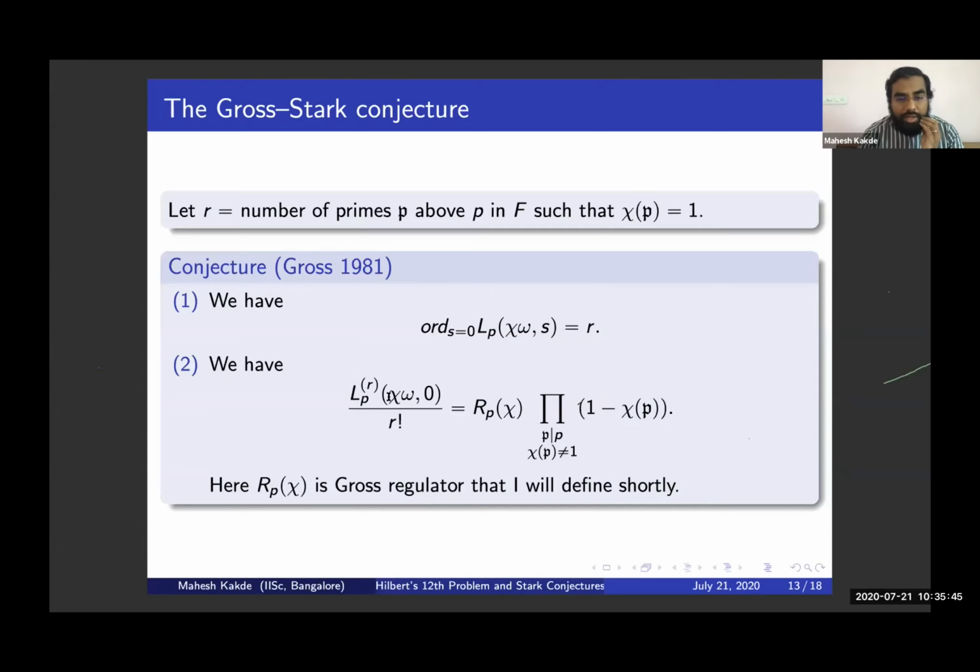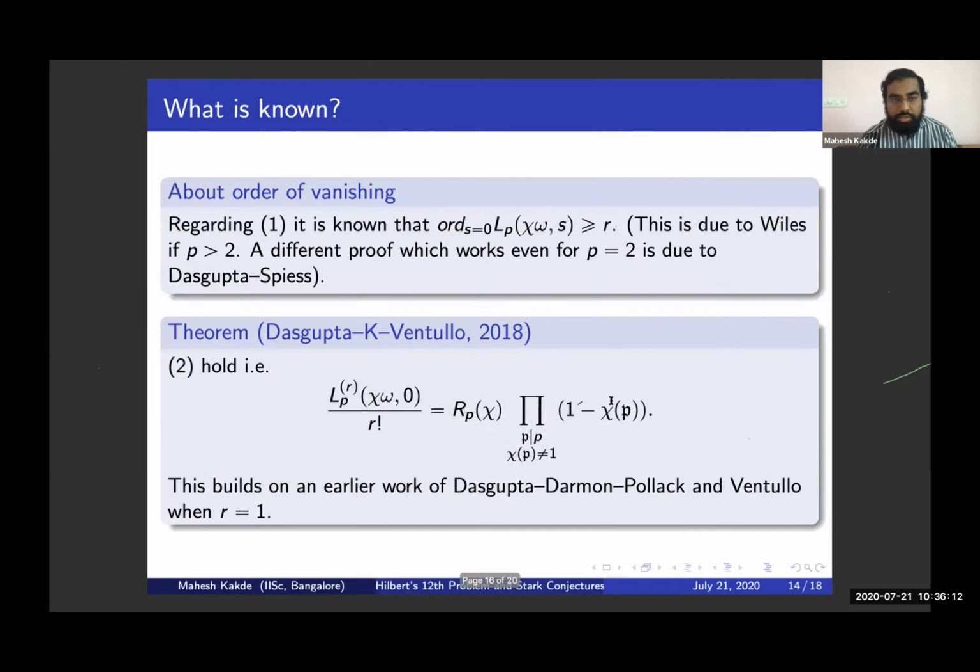He went further and he gave a precise formula for the leading term, the r-th derivative, in terms of what is called the Gross regulator that I'll define, and then there are some correction factors that you have to put in. So not only did he conjecture about the order of vanishing of this L function, he gave a precise formula for the leading term.